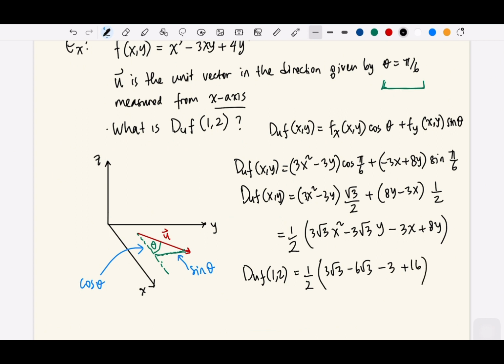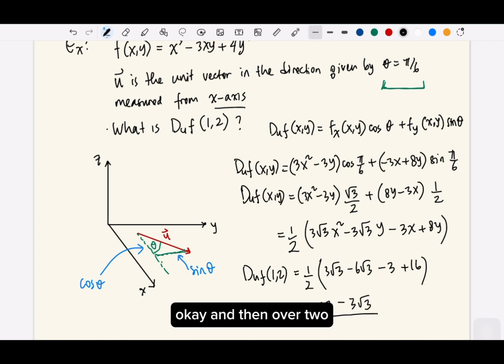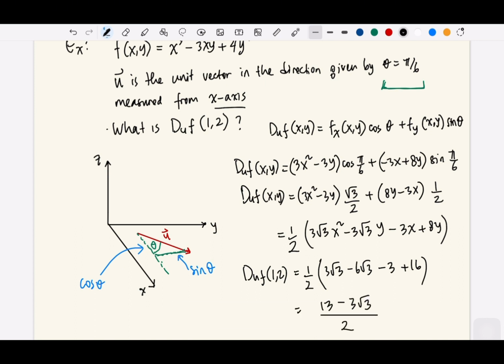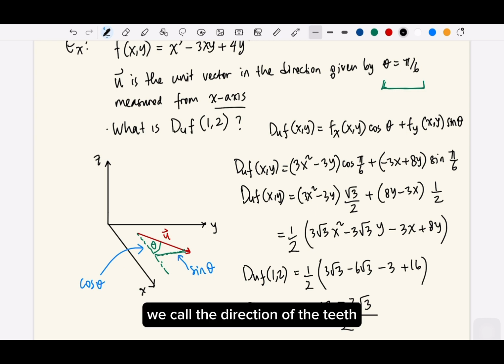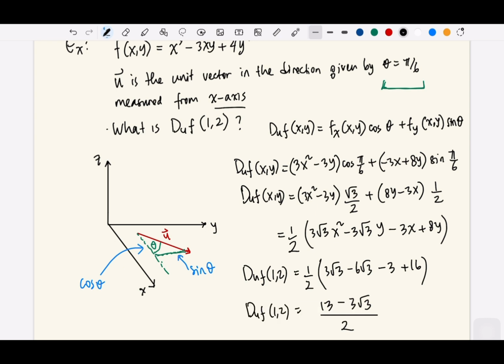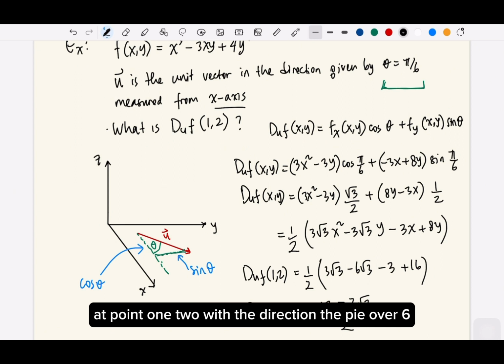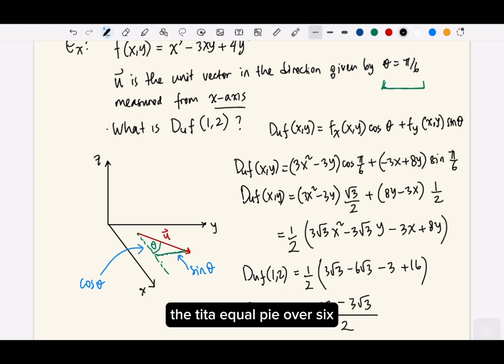So this will be 13 minus 3 over, okay, and then over 2. Now this is what we call the directional derivative at point (1, 2) with the direction theta equal to pi over 6.